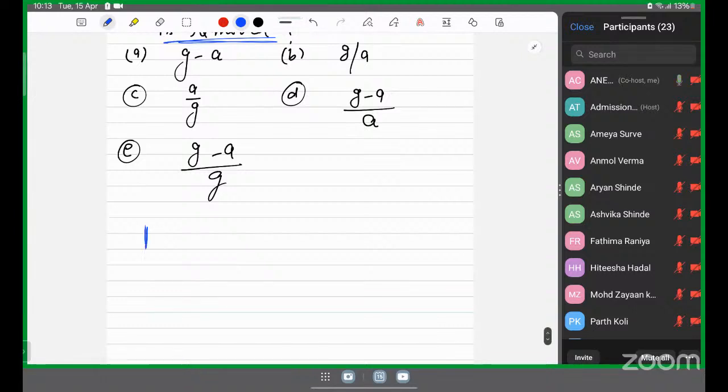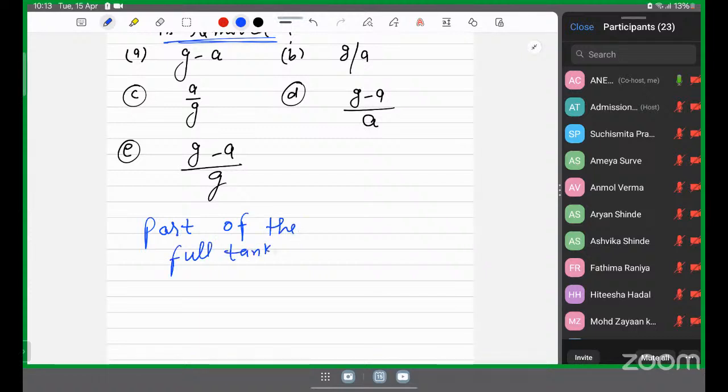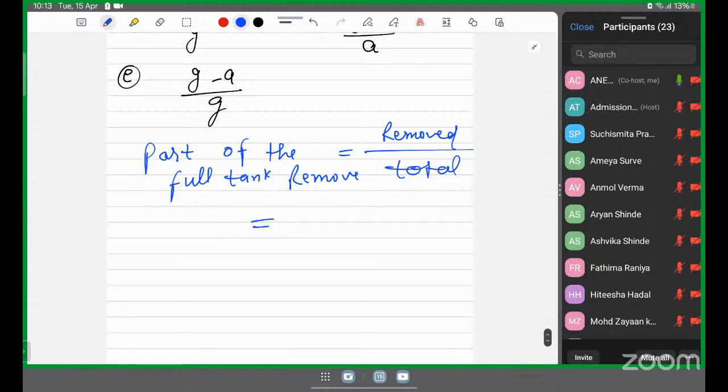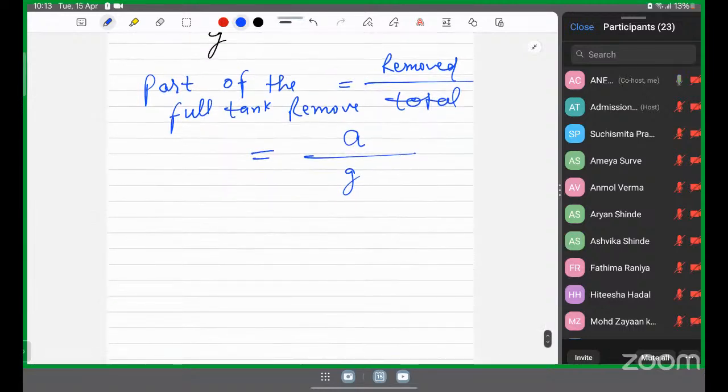Sir, so option E. The part of the full tank removed will be the removed part divided by the total. What is the removed part? A. Total part is G. So the part of the full tank that is removed is A by G. Understood?